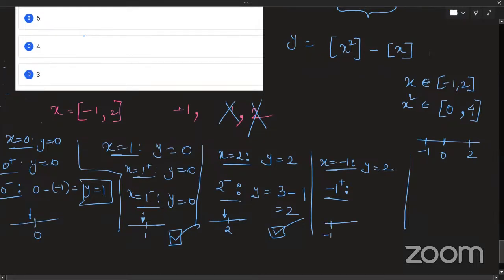This one is really special. A value that's just greater than minus 1. So the square of that value, will it be lesser than 1 or will it be greater than 1? It will be equal to 1 when it is equal to minus 1.